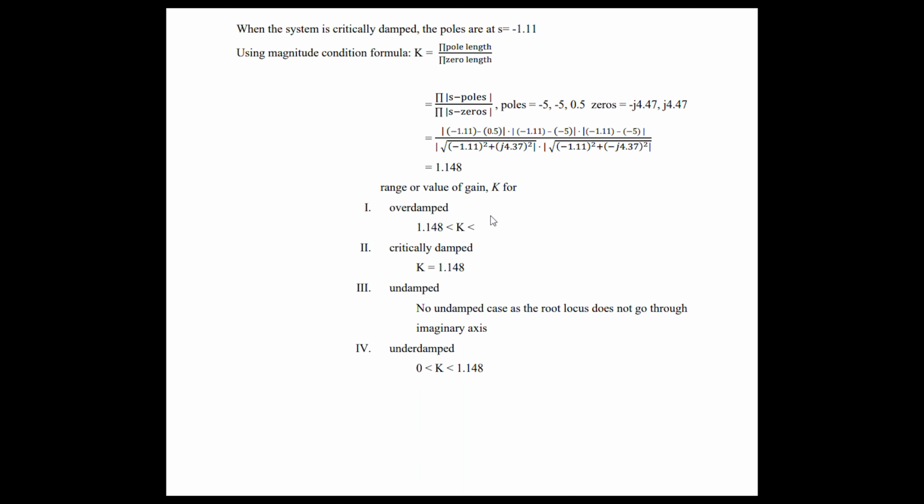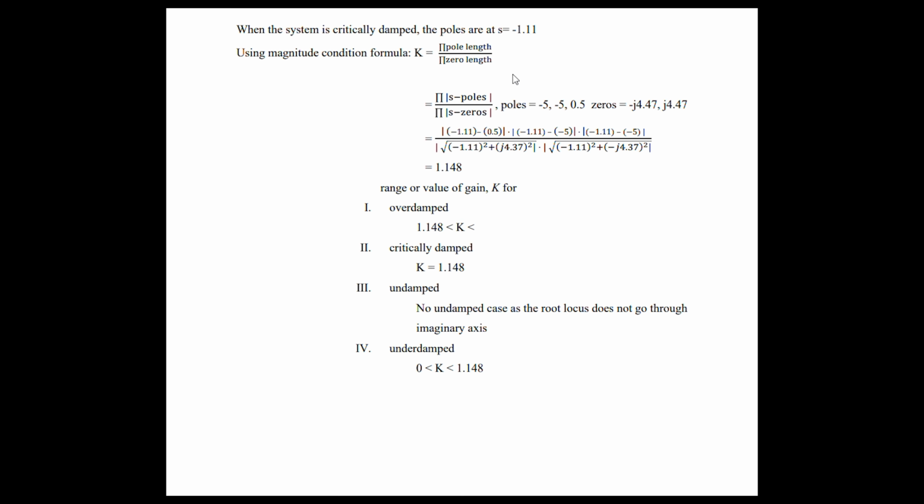For overdamped, we get K greater than 1.148. For critically damped, K equals 1.148. Undamped, there is no undamped case in the root locus because it will not go through the imaginary axis. And last, underdamped, 0 less than K less than 1.148. And that's all. Thank you.